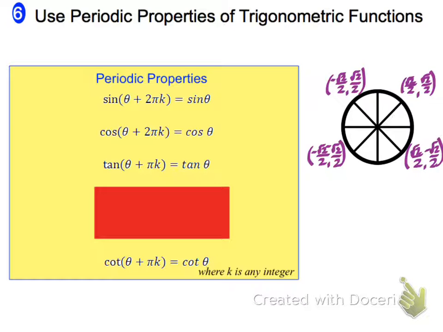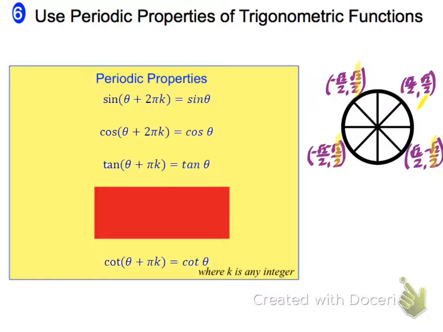Now, let's think about sine for a minute. Sine is our possible y values. Now notice that in terms of these y values, it starts at a negative root 2 over 2, and then it's positive, and then it's positive again, and then it's negative, and it's negative again.